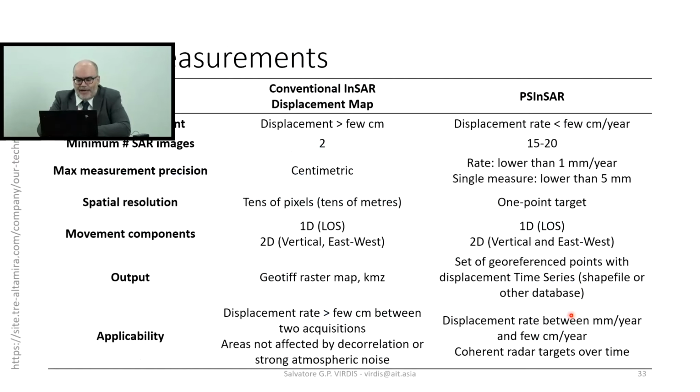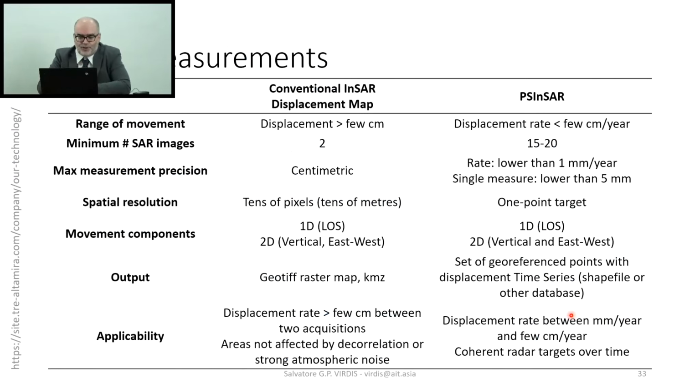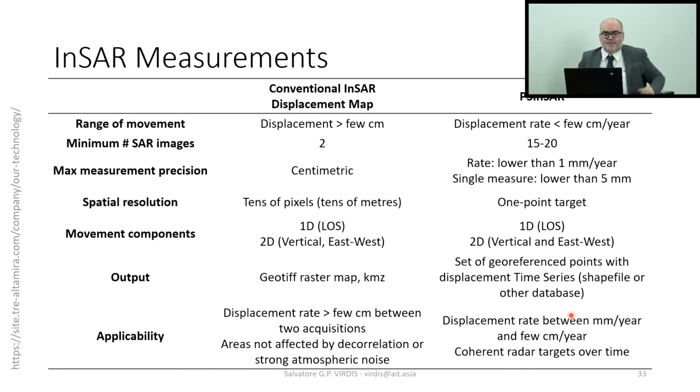Here we can rapidly see a comparison between conventional InSAR and the PS approach. With conventional InSAR, we can observe displacement at about the centimetric level, while with PS InSAR we can go up to the millimeter level. In both systems, we observe line of sight displacement.